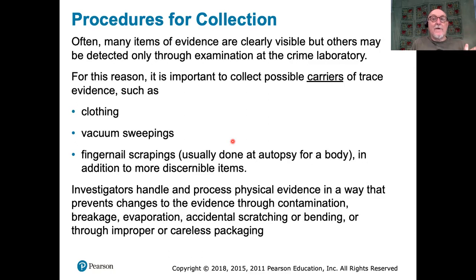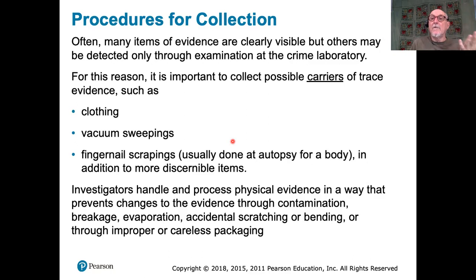Much of the evidence may be very small and may only be apparent on close examination, and some evidence may be hidden. It may be under something. It may have been deliberately hidden. And so the crime scene needs to be carefully searched in order to pull out every possible piece of evidence. In addition, important evidence may be collected inadvertently, very often on clothing.